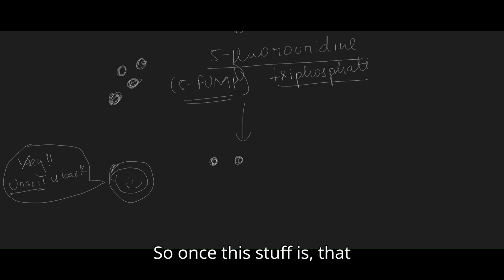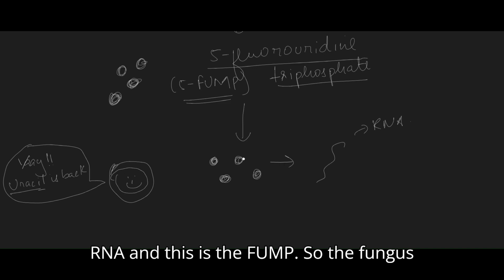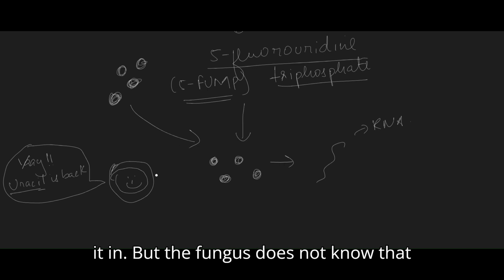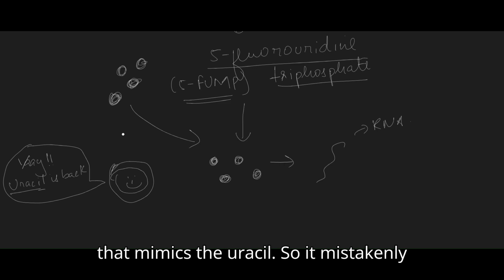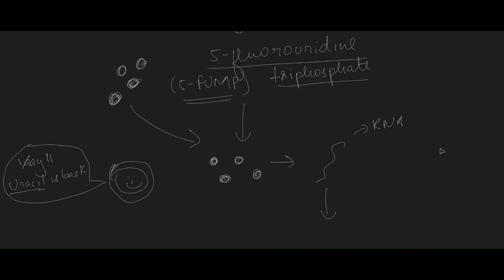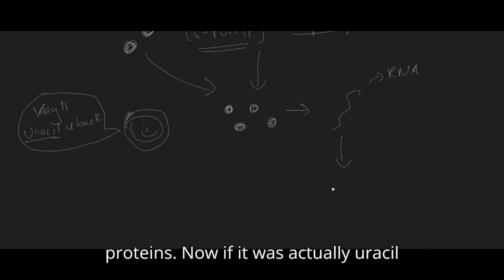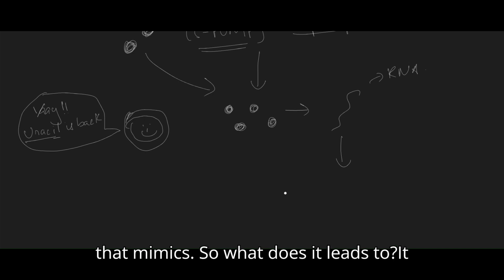So once the 5-FUMP is inside the RNA, this is the RNA and this is the FUMP. The fungus thinks, okay, this is uracil, and it takes it in. But the fungus does not know that this is not uracil, this is something that mimics uracil. So it mistakenly takes this into the RNA. Now what happens in the RNA? As we all know, RNA is responsible for the production of proteins. If it was actually uracil, it would have produced proteins, but in this case it's not. It's just something that mimics. So what does it lead to?